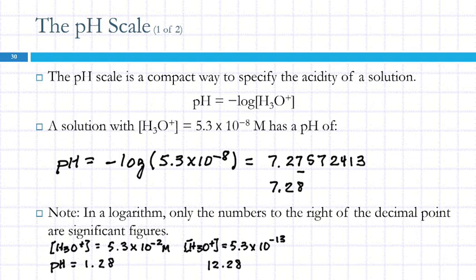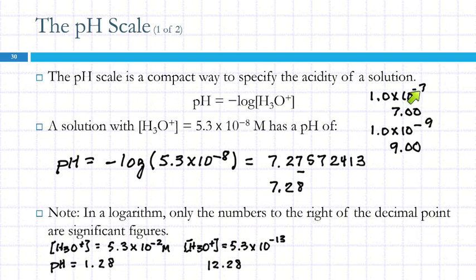If we do 1 times 10 to the minus 7, what's the negative log of that? 7. What if we have 1.0 times 10 to the minus 9? pH is 9.00. The log of 1 is just 0. It's not raised to any powers of 10.